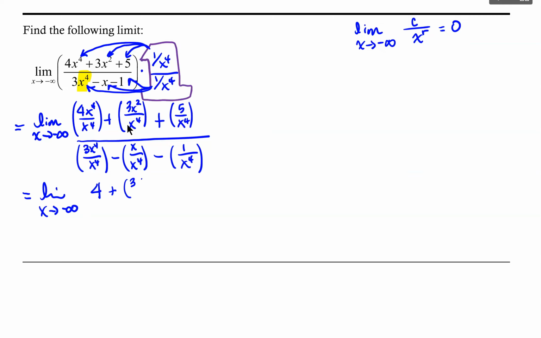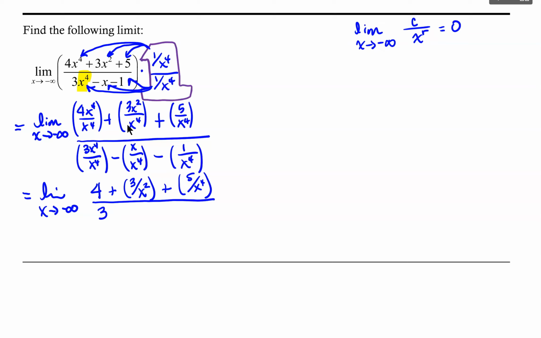That's going to leave me with a 3 over x squared. Plus, and my final term in my numerator, 5 over x to the 4th, cannot be simplified. Divided by, now looking at our denominator, my first term, 3x to the 4th over x to the 4th. The x to the 4ths can divide out, and I'm left with 3.